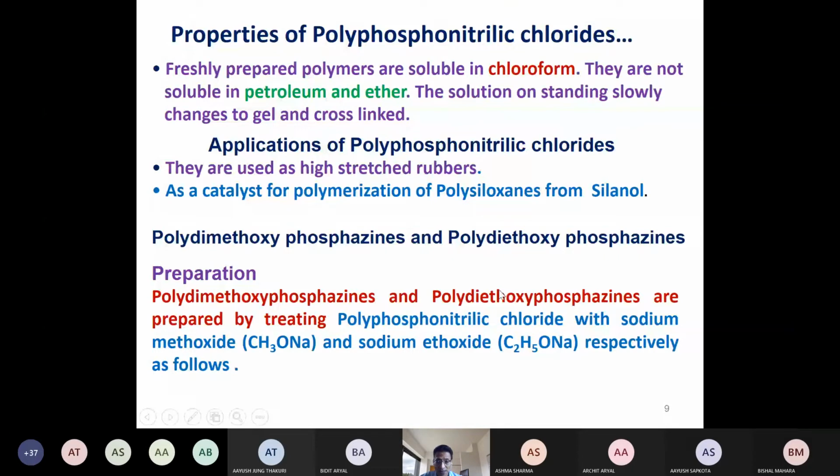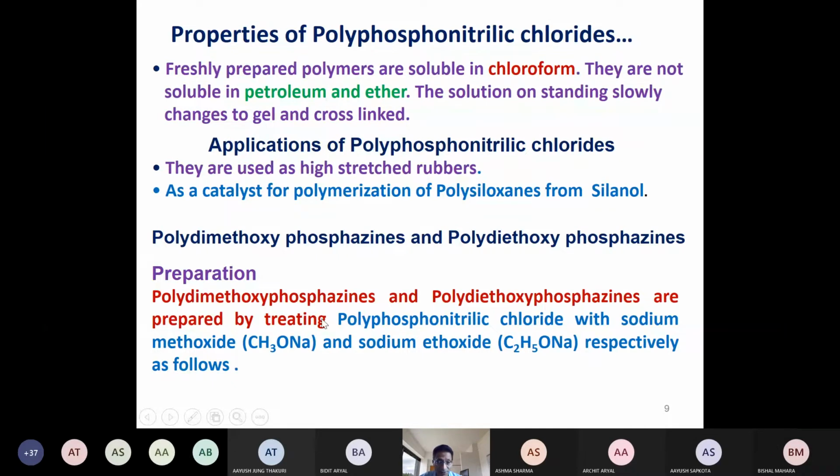polydimethoxyphosphazine and polydihydroxyphosphazine, are prepared by treating polyphosphonitrile chloride with sodium methoxide and sodium ethoxide respectively. When we use sodium ethoxide, then we get polydihydroxyphosphazine, and when sodium methoxide is used, then polydimethoxyphosphazine is formed.